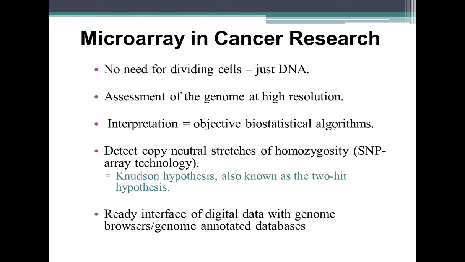One of the great advantages of using a SNP array is detection of copy-neutral stretches of homozygosity, or LOH, as we call them. And on the research side, it's a huge advantage because all this data is digital, and you could upload it to genome browsers and other annotated databases and get really nice informative information on N of 1 cases.